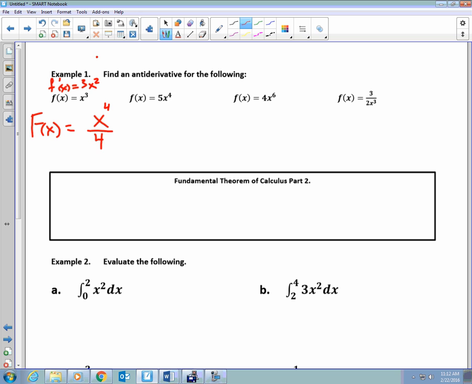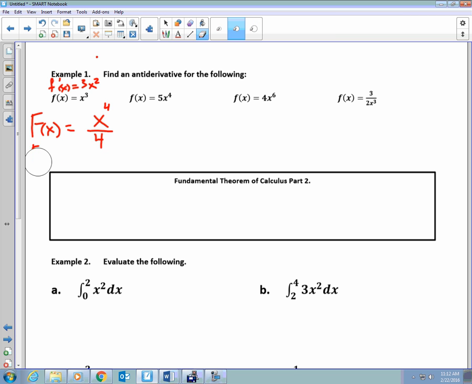There are an infinite number of antiderivatives that would give you that for a derivative. For example, F of x could also be x to the fourth over 4 plus 10. Would you agree that if you took the derivative of either one of these, you would get x to the third? Why? So the derivative of a constant is 0, okay? So that's the big idea.